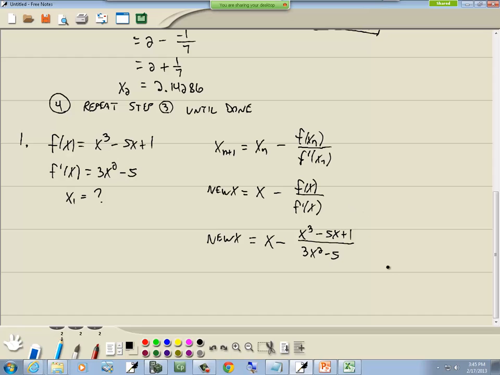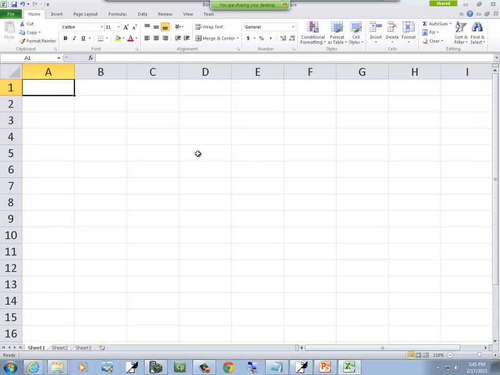Let's first do this in Excel, and then we'll go do it on the calculator. Show different ways of doing it. Okay, so here's going to be my x values. Here I have x1, x2, x3, I think.